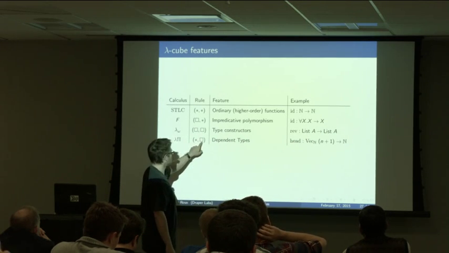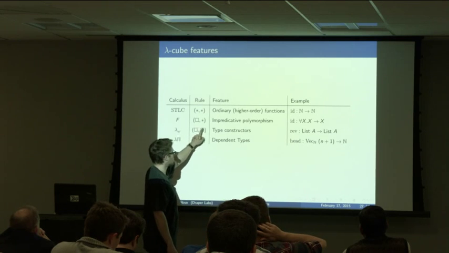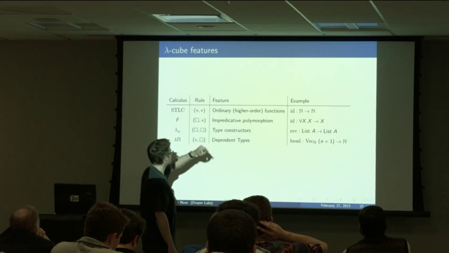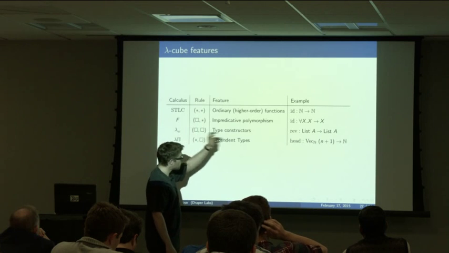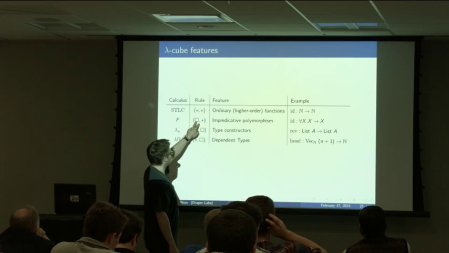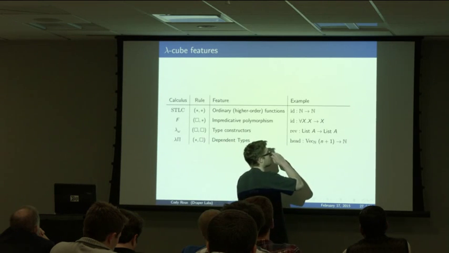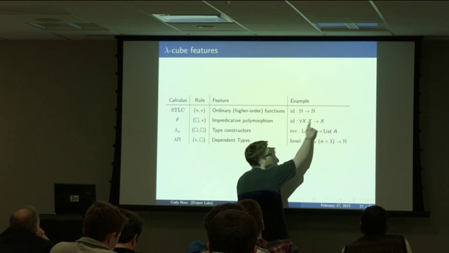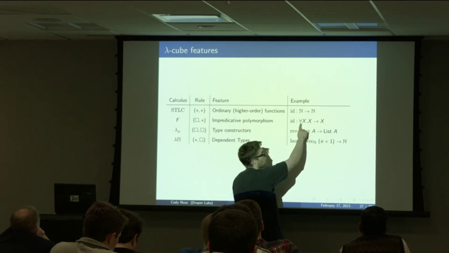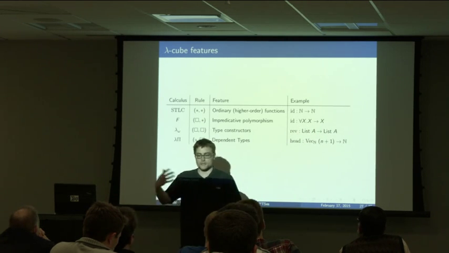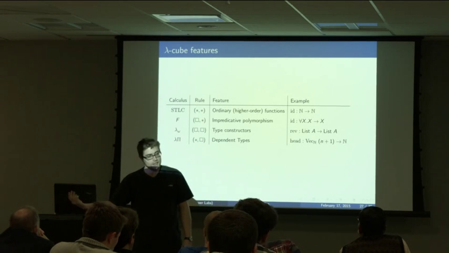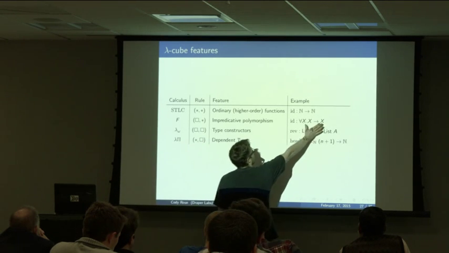Okay? So dependent types, star box, box. Type constructors, box, box, box. And for polymorphism, you need box, star, star. And this is not too hard to see because the identity type, this for all x, it's for all x of type star, which is of type box, and some type, okay?